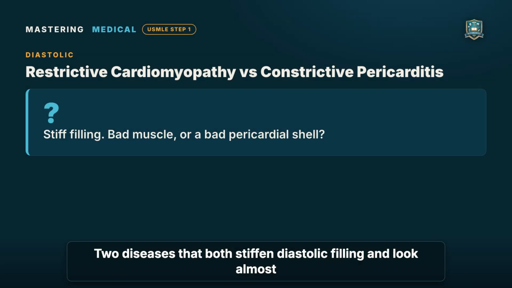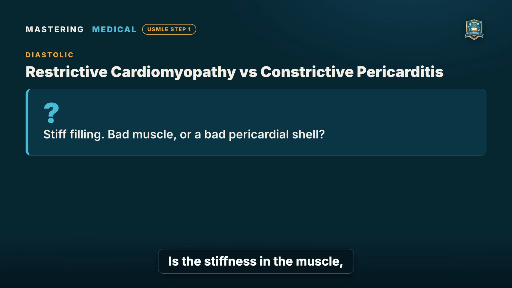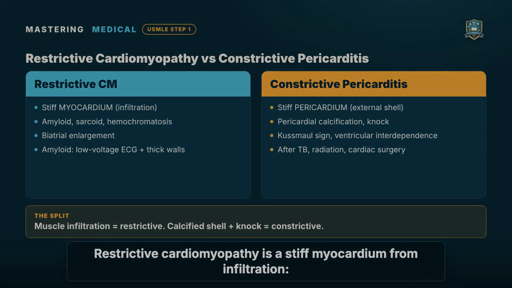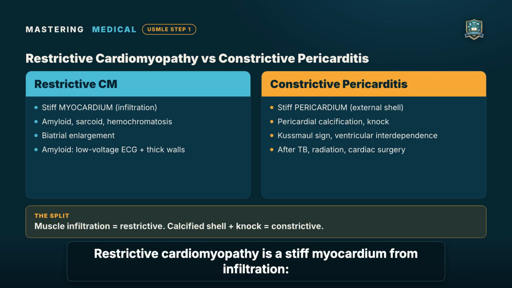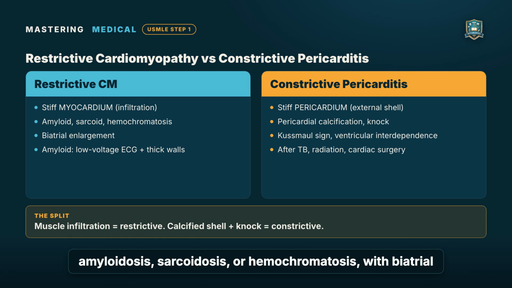Two diseases that both stiffen diastolic filling and look almost identical: restrictive cardiomyopathy and constrictive pericarditis. Is the stiffness in the muscle or in the pericardium around it? Restrictive cardiomyopathy is a stiff myocardium from infiltration, amyloidosis, sarcoidosis, or hemochromatosis, with biatrial enlargement, and the cardiac amyloid clue of a low voltage ECG despite thick walls.